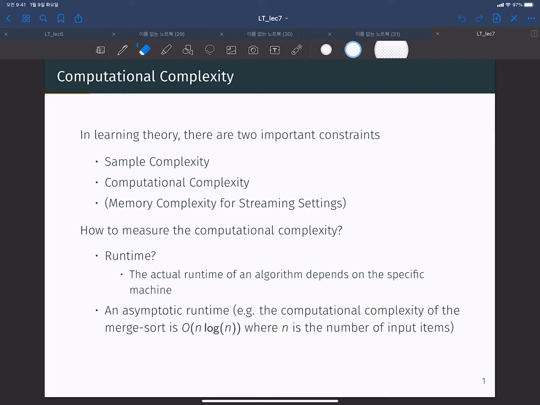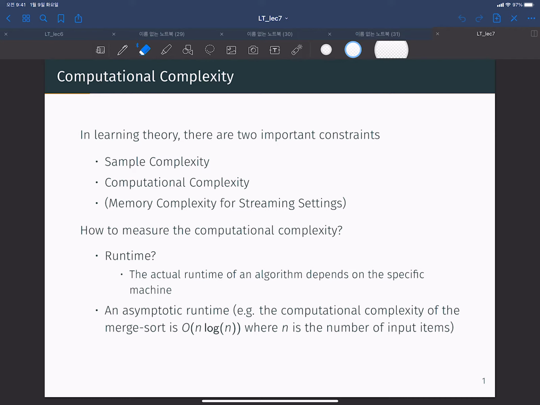If the algorithm requires billions of operations to finish the process, we need a huge, very, very expensive computing machine. And even with such huge computing power, the algorithm may require millions or billions of years.